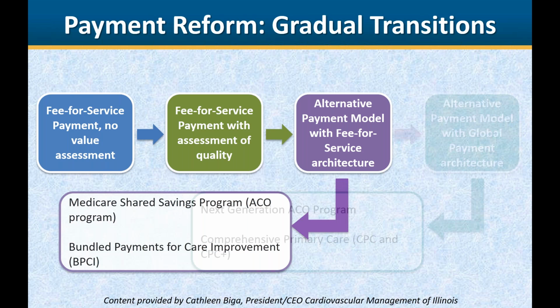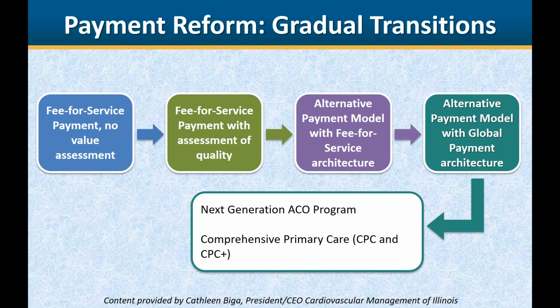And where we are moving to is we're going to change the underlying architecture now and abandon the fee-for-service. And this is coming along in the next few years, and we're already seeing it in terms of the next generation ACOs. And I warned you about the acronyms and the alphabet soup, the CPCs and the CPC pluses and so on. So this is where healthcare is going.